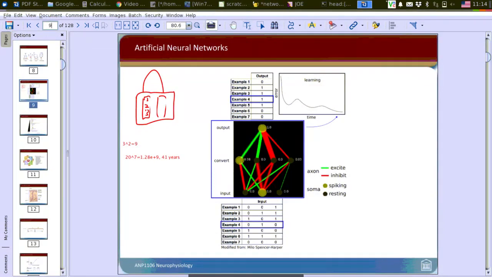So another key point is that a neural network cannot find a solution if there isn't one. And it may or may not find a solution if there is one. So sometimes there might be a solution, but the learning algorithm will not be able to find it.